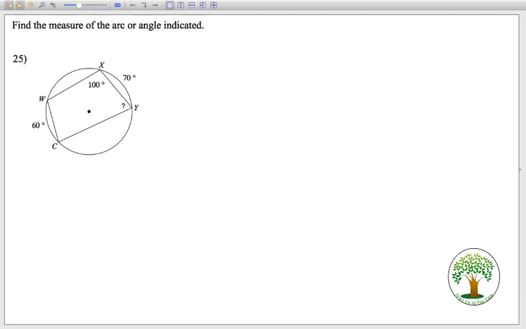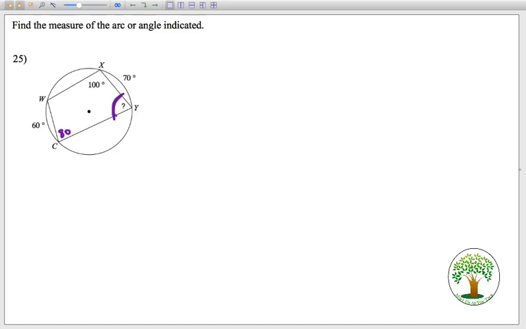We're going to find the measure of the arc and angle indicated. Remember that we have a quadrilateral, and we're looking for this one. We know that these two are supplementary, and we know that these two are supplementary. This is 80, and we learned that because that was one of our theorems.